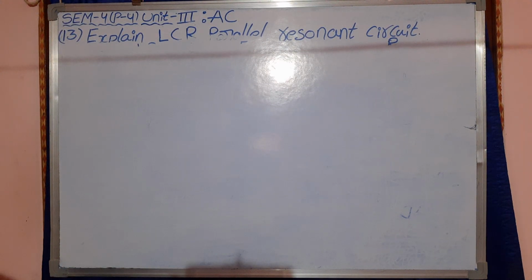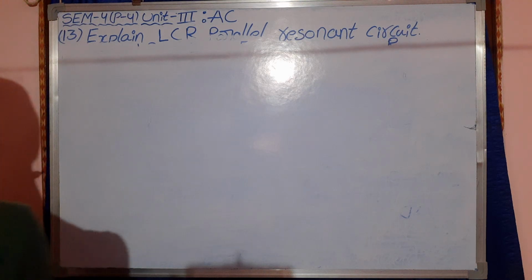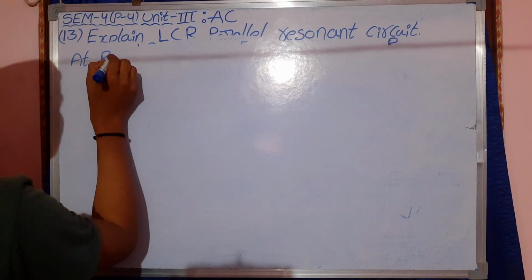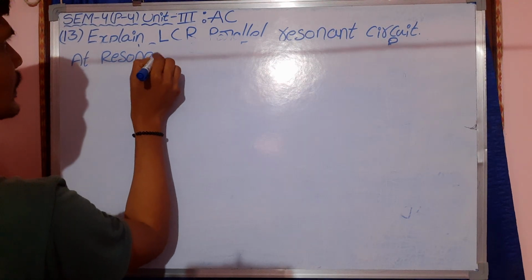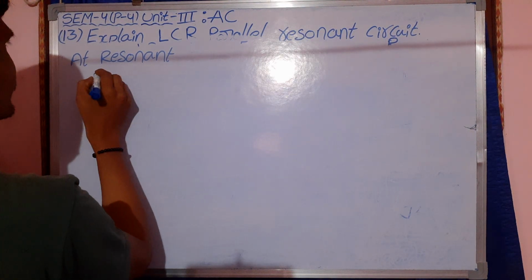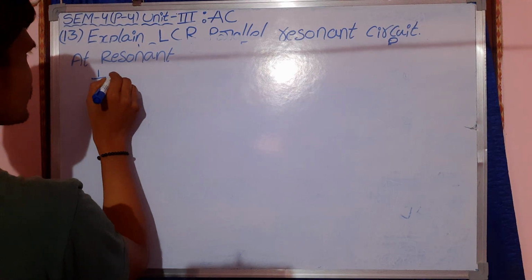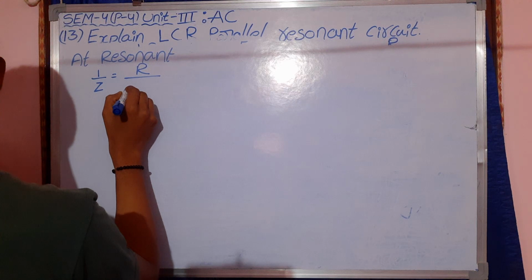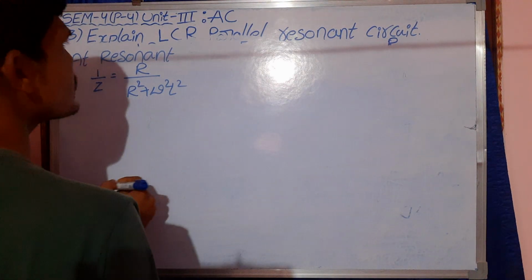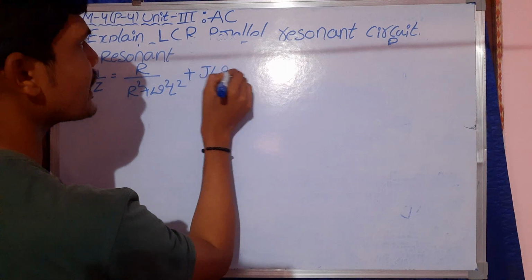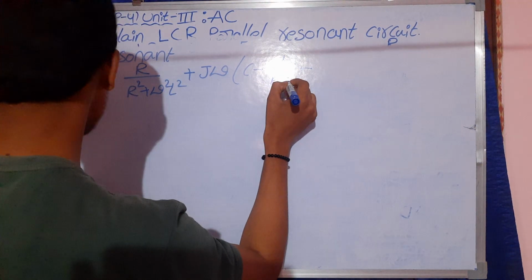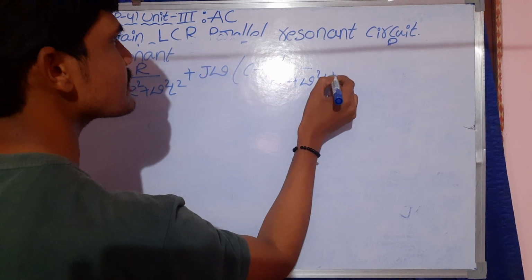At resonance, 1 by Z equals R by R square plus omega square L square, plus j omega times C minus L by R square plus omega square L square.